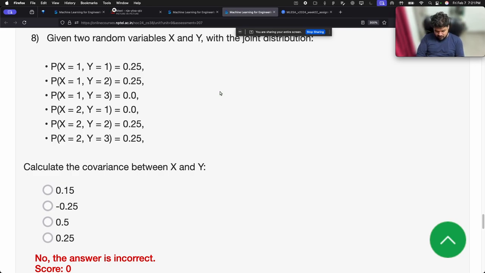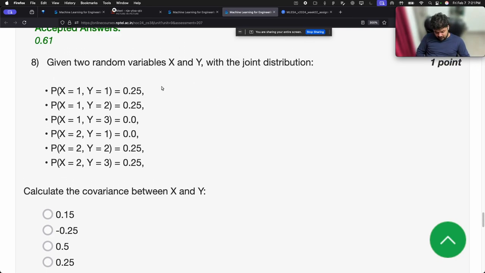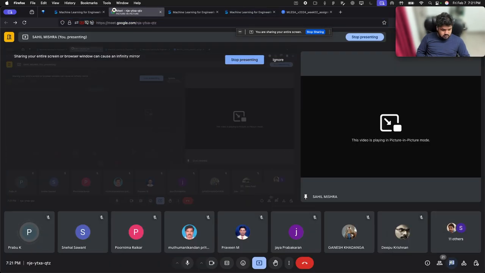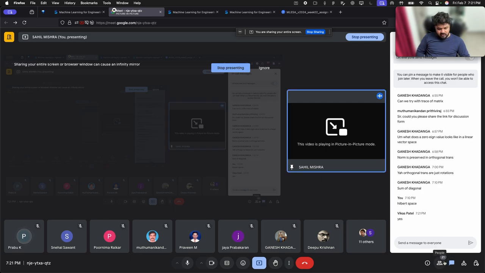Somebody please speak. Am I audible? How do you compute covariance? Anyone?